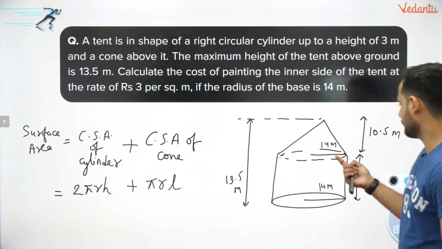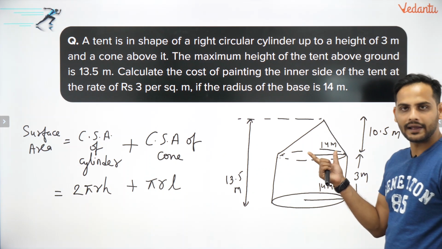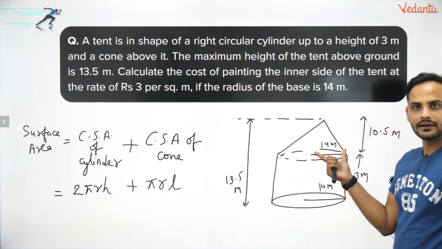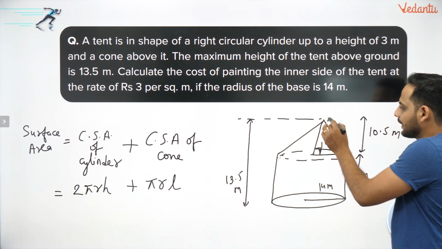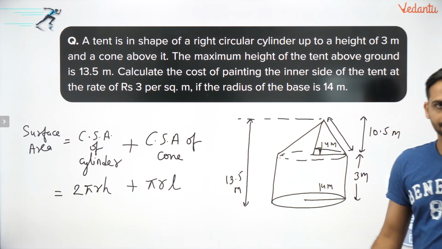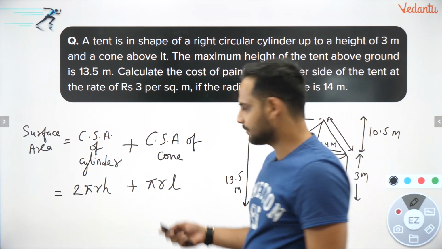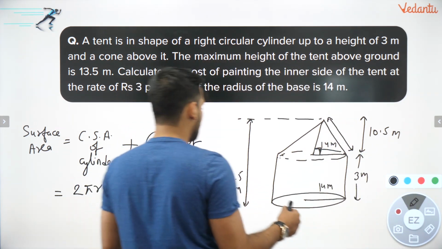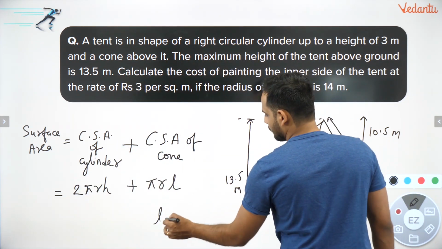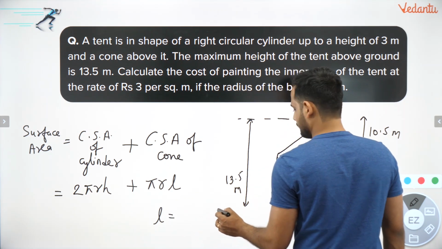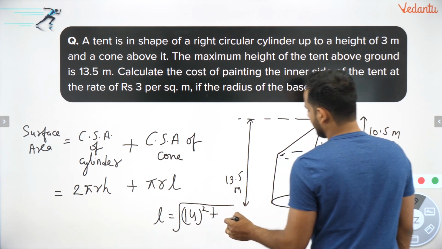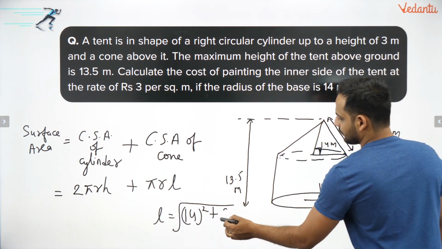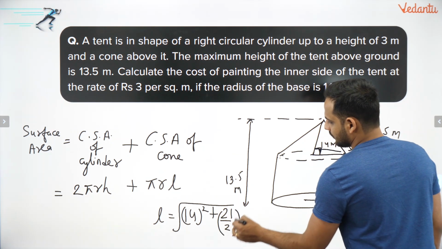How can we get it? We know r, we know h, and this is 90 degrees, so I can easily get this part. For this part you have to use the Pythagoras theorem. So l will be equal to under root of 14 square plus 10.5, which I can write as 21 by 2, square.